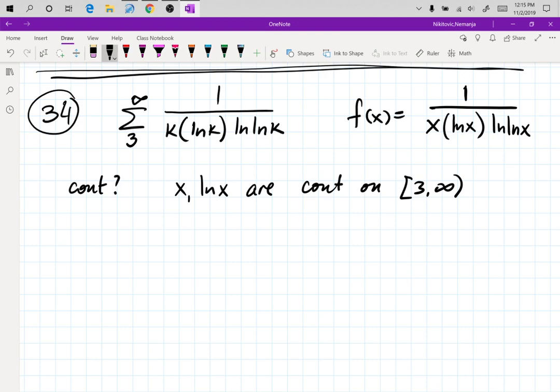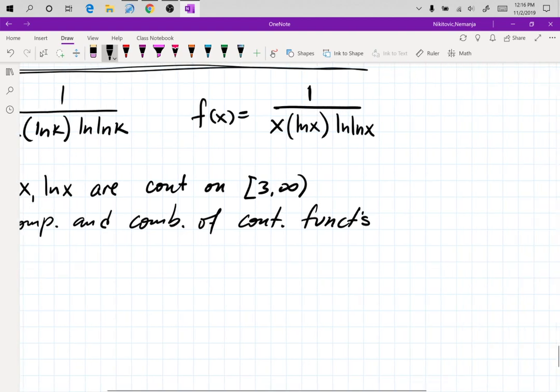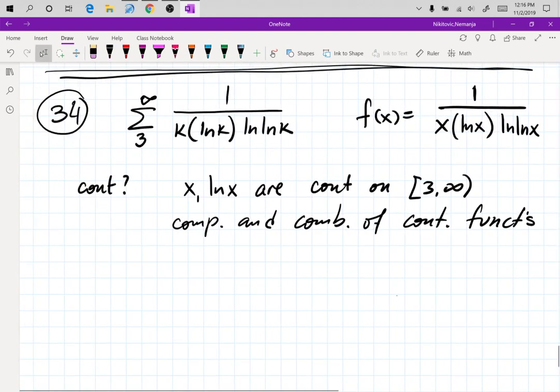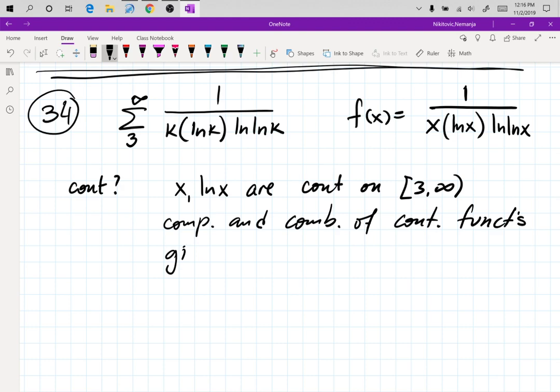Now, we say compositions and combinations of continuous functions gives a continuous function. That takes care of the entire denominator, because composition is this nested ln x inside ln x.